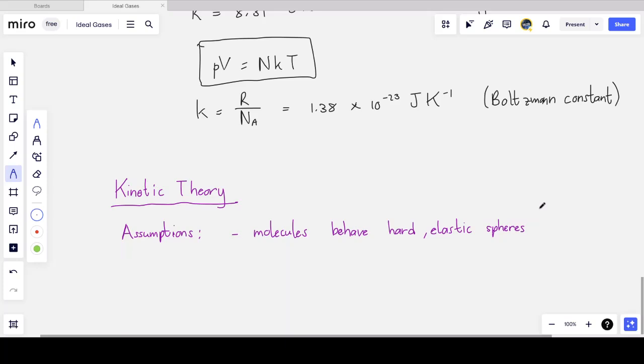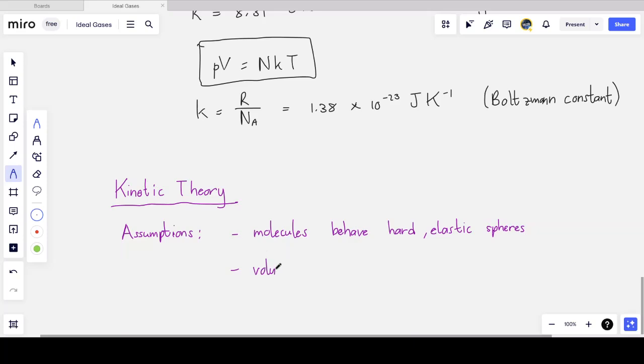So basically, our molecules behave as spheres, but they undergo elastic collisions, meaning that when molecules of a gas collide with each other, they conserve kinetic energy. They don't lose that energy to the surroundings. They might transmit the energy amongst themselves, but that energy is still constant before and after a collision. So all collisions between molecules are elastic.